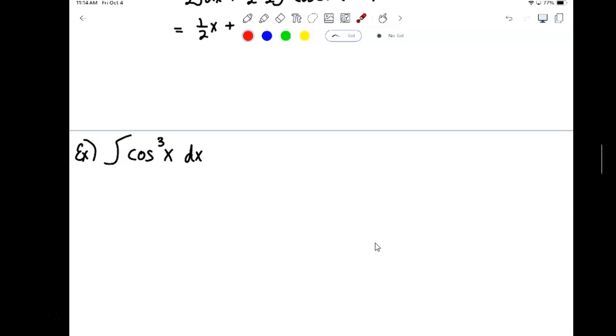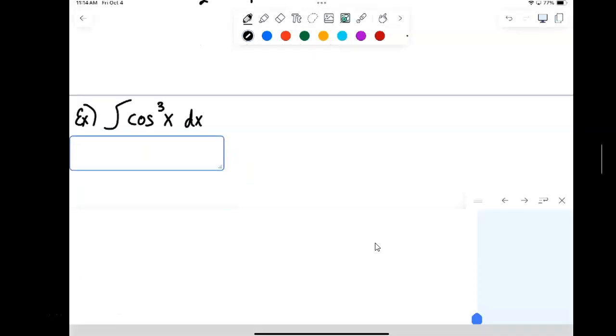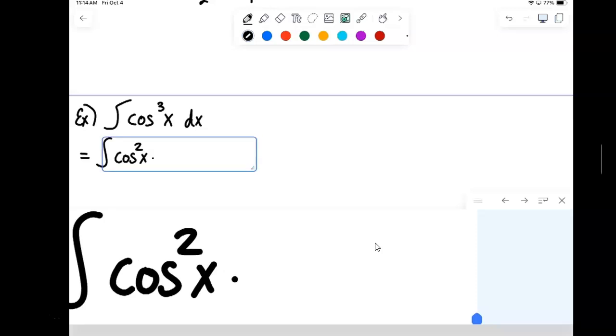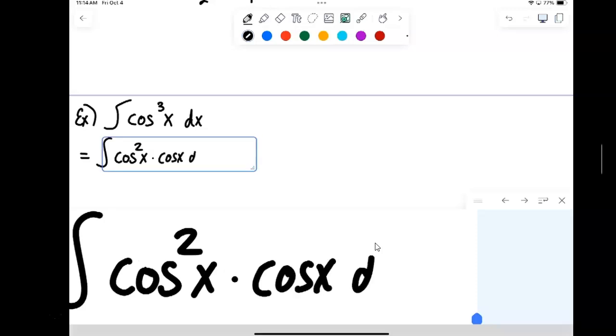So I'm going to do something here, and it might not quite make a lot of sense at first, but once you start seeing these worked out, I hope it'll start to make a little more sense. I'm going to take that cosine cubed and rewrite that first as cosine squared x times cosine x dx.